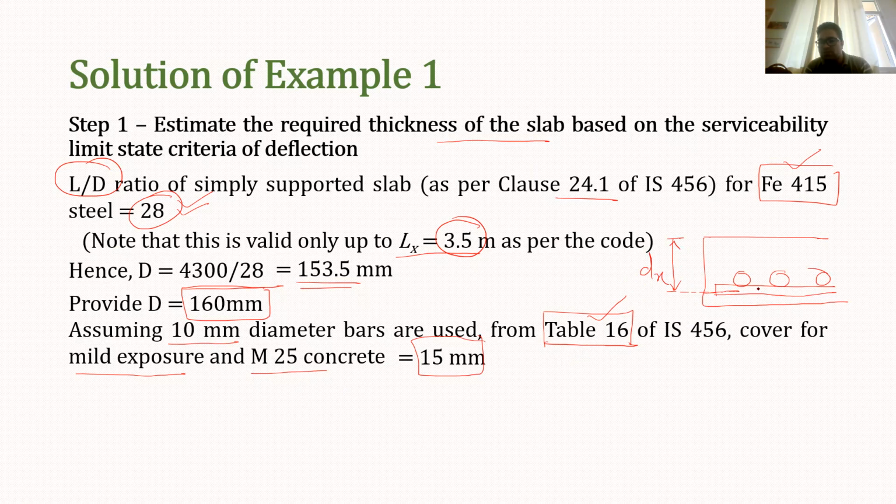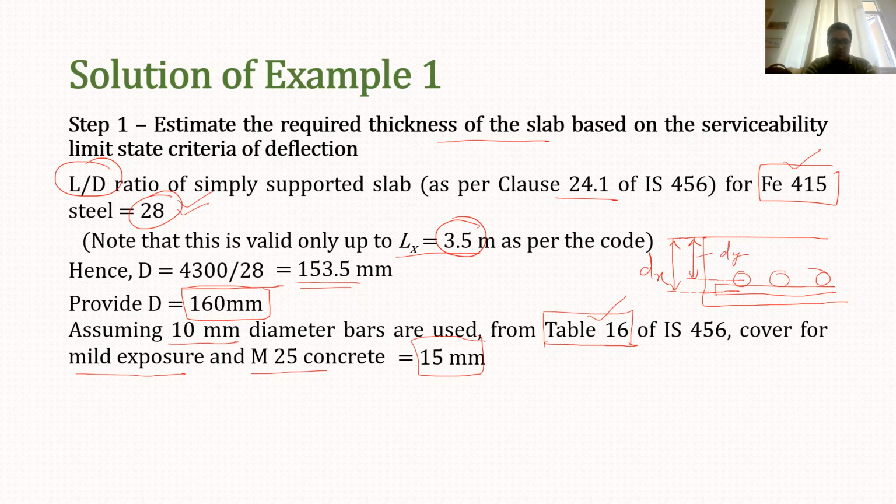Similarly, for the longer span, the main bar is placed above this bar. Generally for the longer span, the effective depth will be calculated from the center of the bar provided along the longer span to the topmost fiber. So here this will be dy.